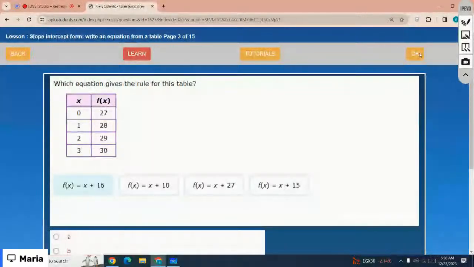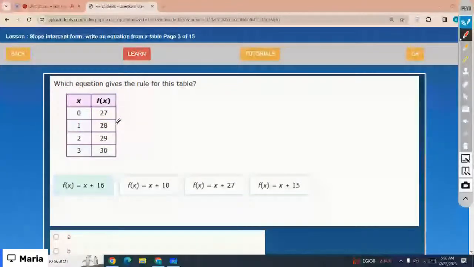The next one is which equation gives the rule for the table. So which is the correct option? Let's calculate the slope first. 28 minus 27 is 1, 1 minus 0 is 1. Slope is 1 over 1, that means 1.